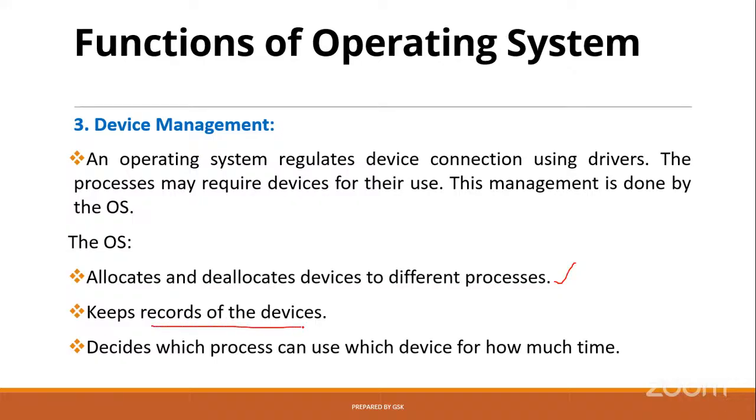How many devices are connected already, and what is the functioning way of the devices? Is the device in an active state or inactive state? Like this, the operating system keeps getting the information of all the devices, and decides which process can use which device and for how much time. This is also device management.